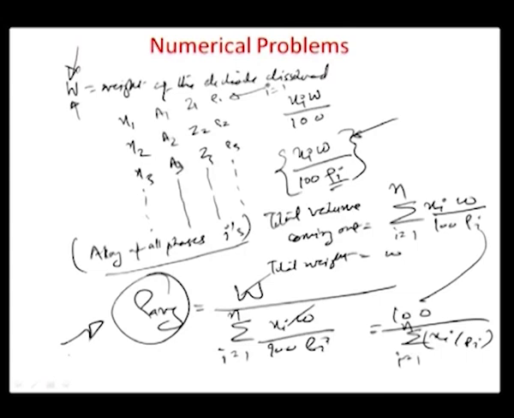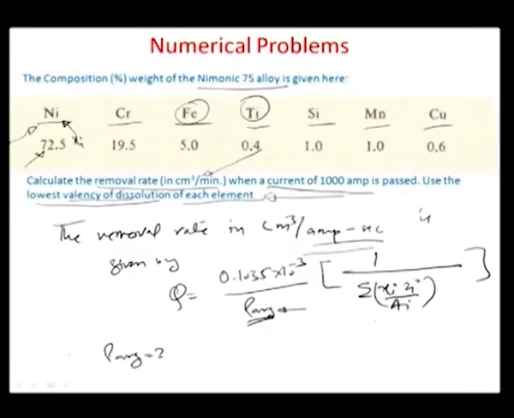In our case particularly, we have almost seven phases, as you can see here, 1, 2, 3, 4, 5, 6, 7, with different percentages and, of course, different densities and atomic weights.